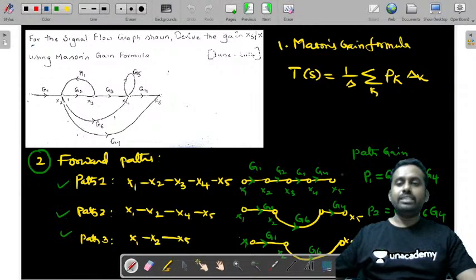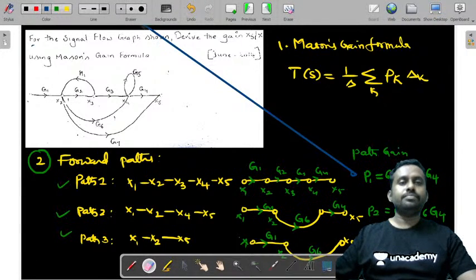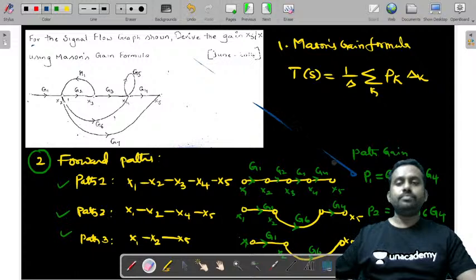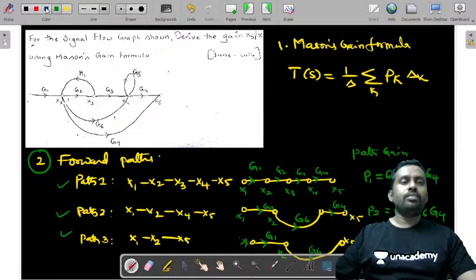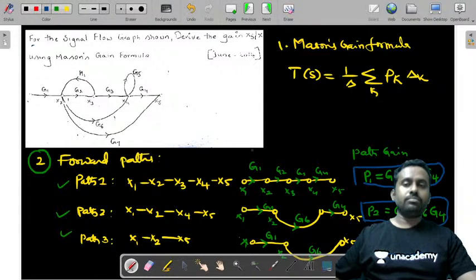See, this is P1: G1, G2, G3, G4. This is P2: G1, G4, G6. This is P3: G1, G6.